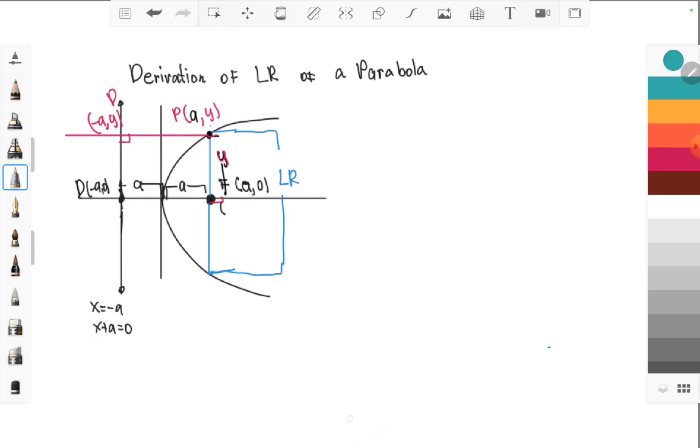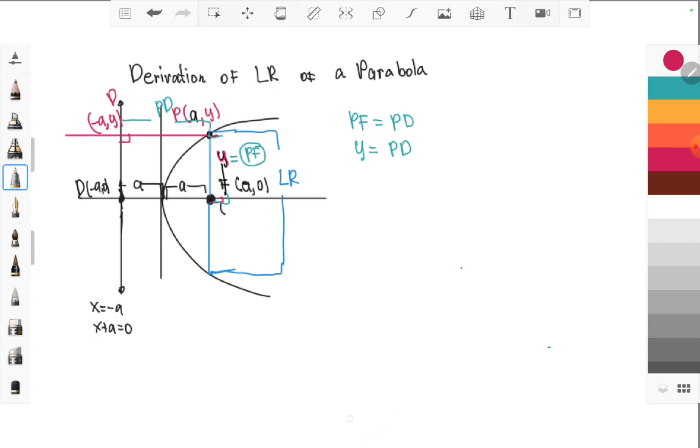So I may call this distance PD, and it will be equal to my PF, which is my length Y. So from here I will have PF is equal to PD, but my PF is equal to Y, so Y is equal to my PD.